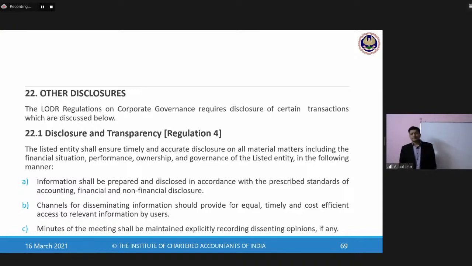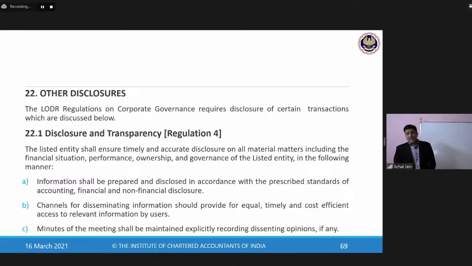For example, the information which is required to be furnished to the stock exchange, or to the public in the case of a listed company, one of them could be the quarterly results, which are prepared as per the requirements of accounting standards for all of those listed companies, and for which audit or review is also mandatorily required to be done every quarter.